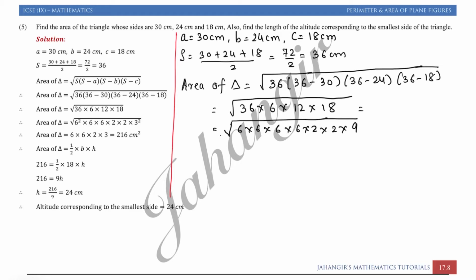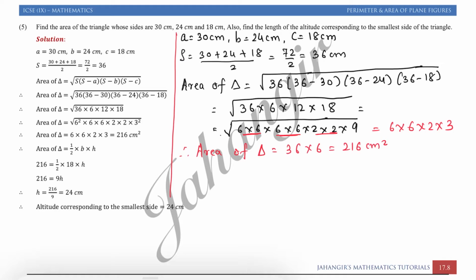We have just broken it into its simplest factors, so that the two 6s form a square term. So 6 into 6 into 2 into 9, and the square root of 9 is 3. So therefore the area of the triangle is equal to 36 into 6, which is 216 centimeter square.